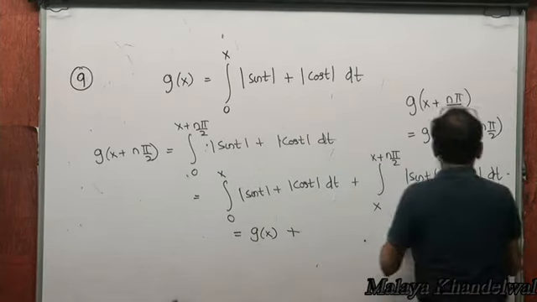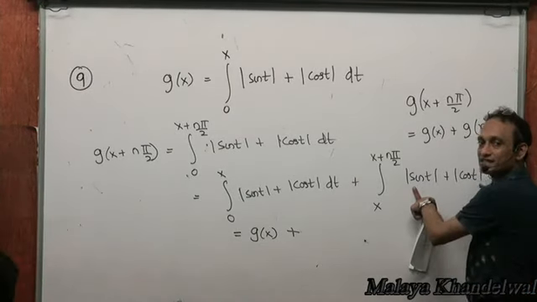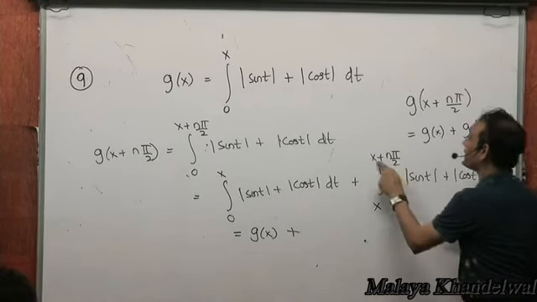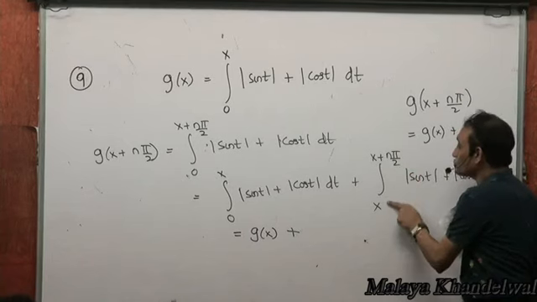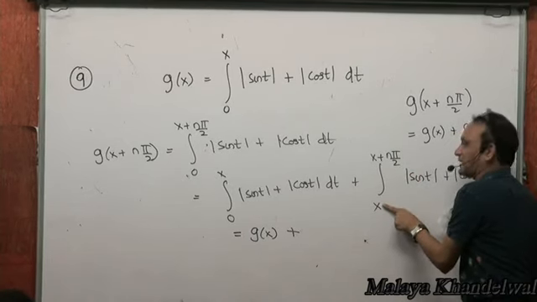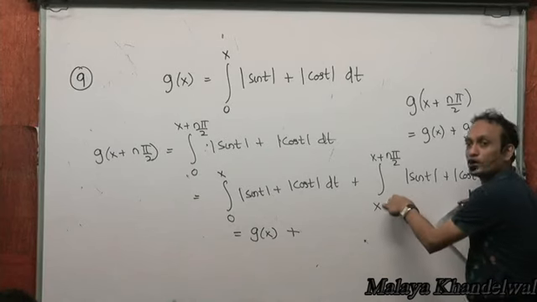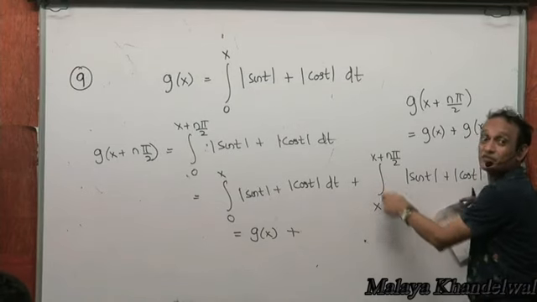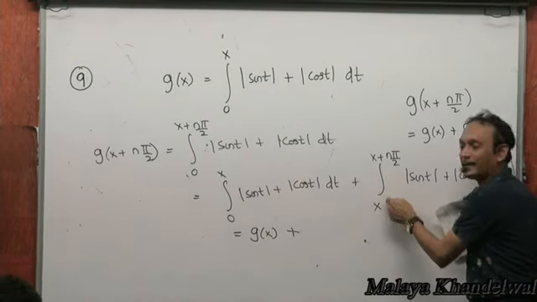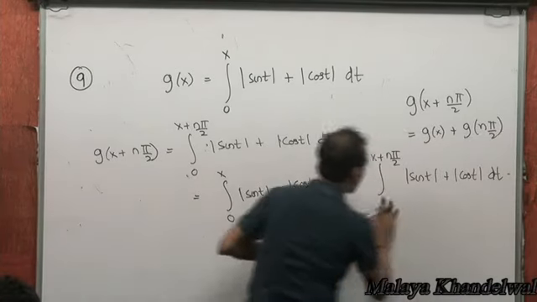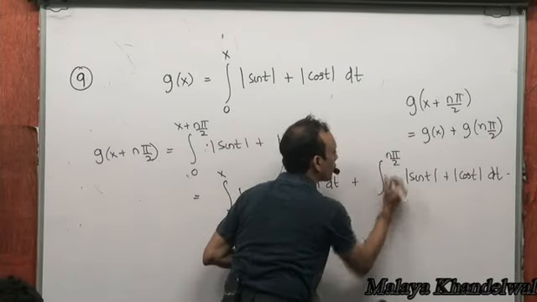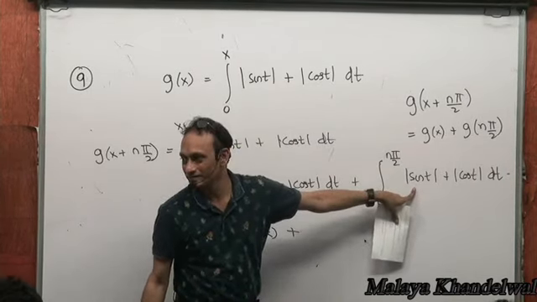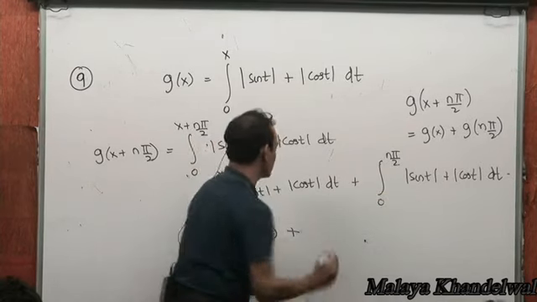Plus, now, mod sine t plus mod cos t has a fundamental period pi by 2, so this second part should be independent of x. So you can plug in x equal to alpha, beta, gamma, whatever, or x equal to 0. Might as well use x equal to 0, because this will be independent of x. This then is g of n pi by 2, isn't it?